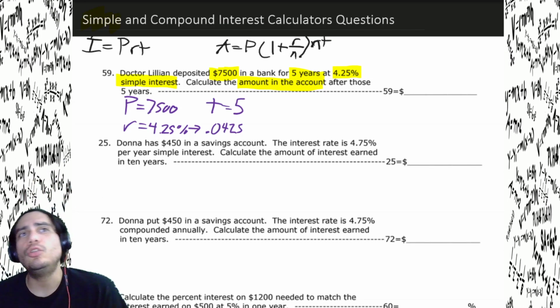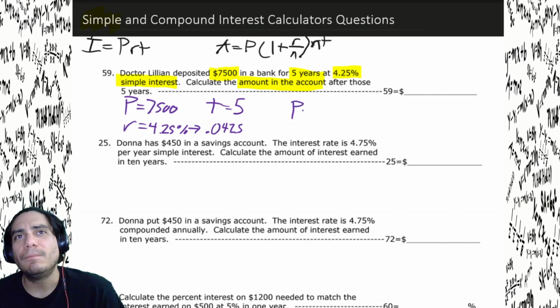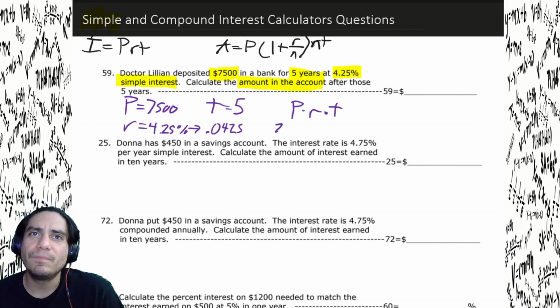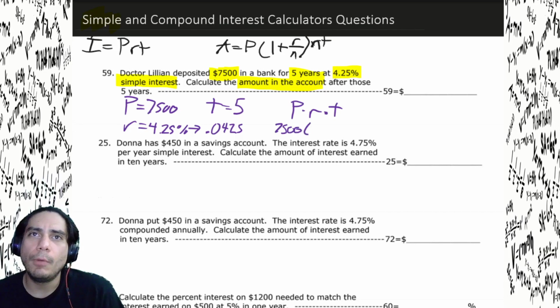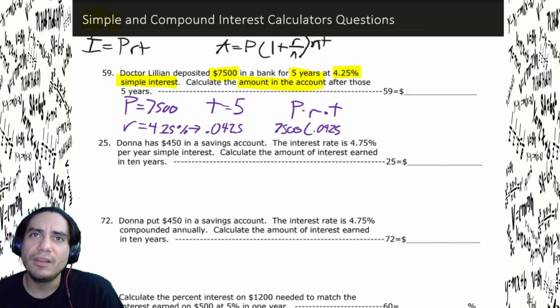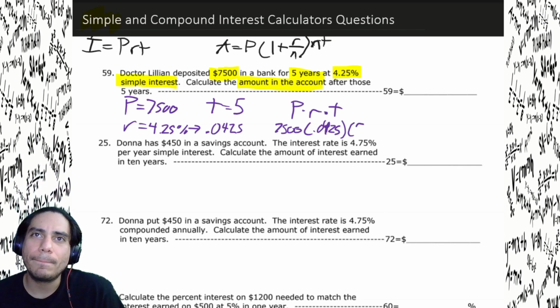So now we can go ahead and do this problem. We use our interest formula, which is P times R times T, and it's pretty easy. 7,500 multiplied by 0.0425, and then we're going to multiply that by 5.